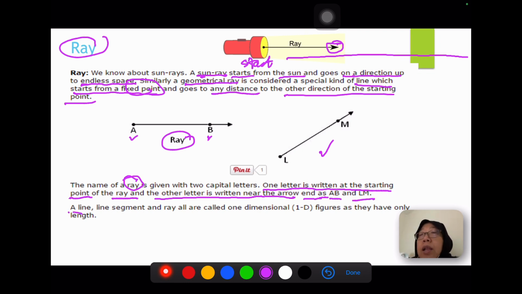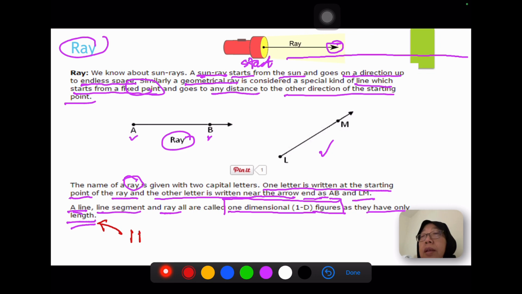So a line segment and ray are called one-dimensional figures, as they only have length. Remember that. They only have length.